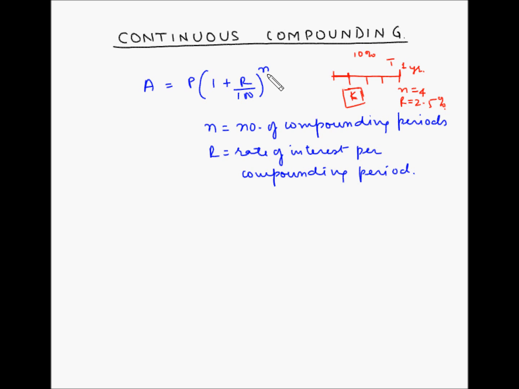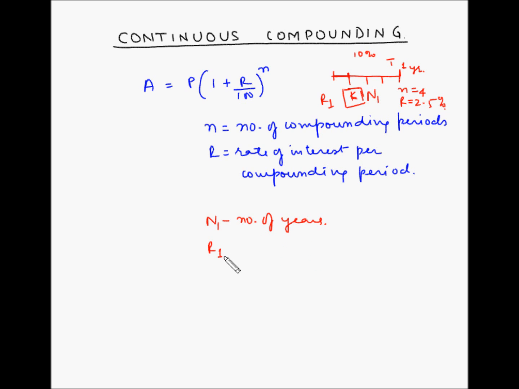So the time becomes N1, and rate, instead of expressing per compounding period, let's express that as per year. So let's use R1. So let's take N1 as number of years.